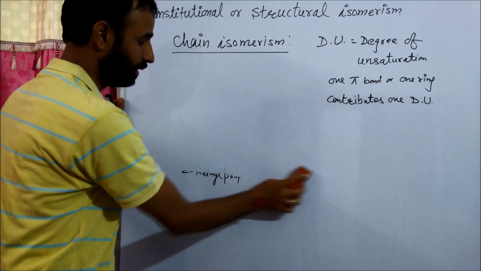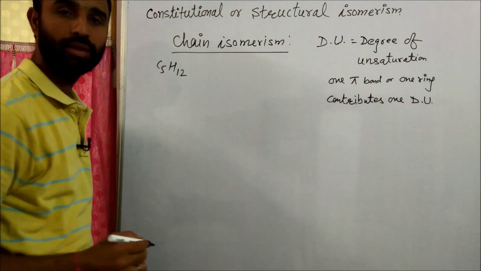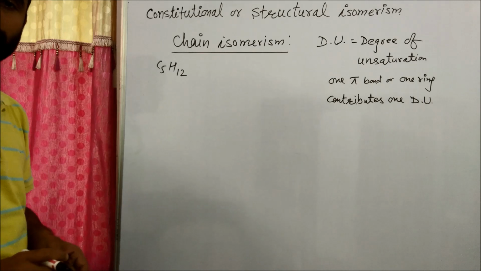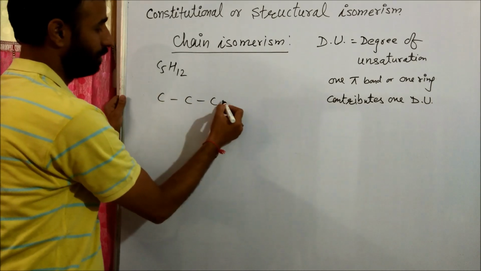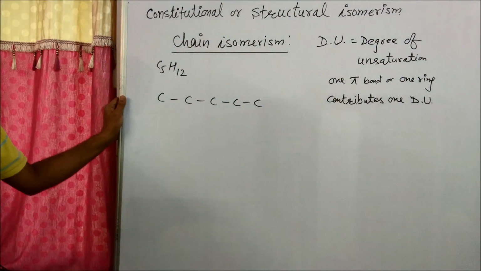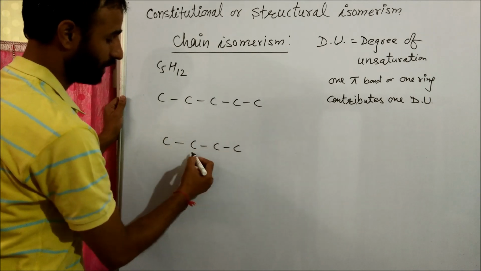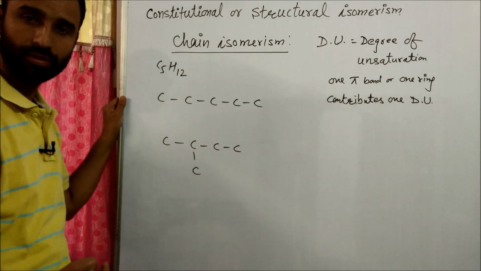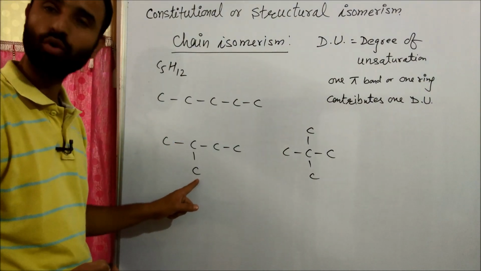This is the second example. Come to pentane, C5H12. In pentane, all the 5 carbons are in a straight line. With 4 carbons in a straight line and 1 carbon as a branch: if there is 1 methyl as a substituent, that is called iso.